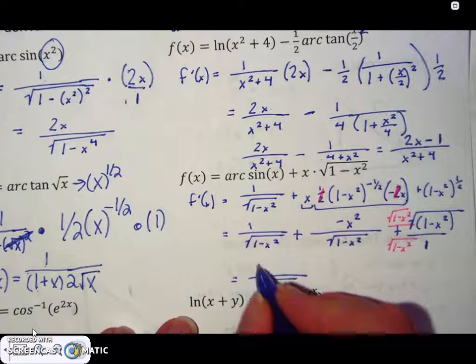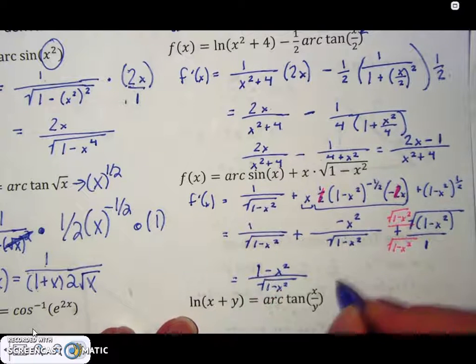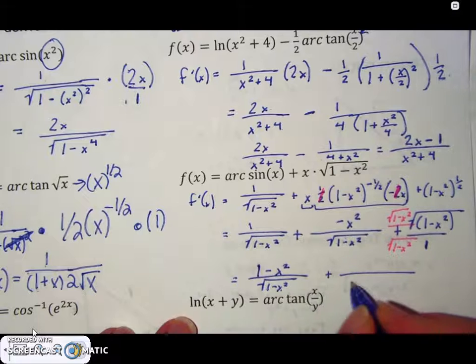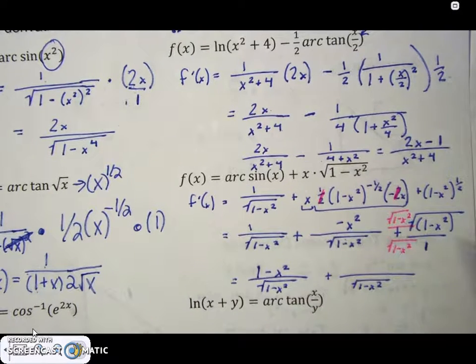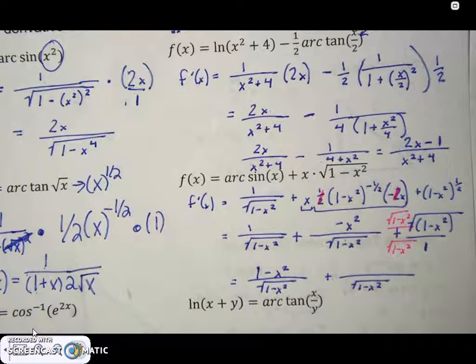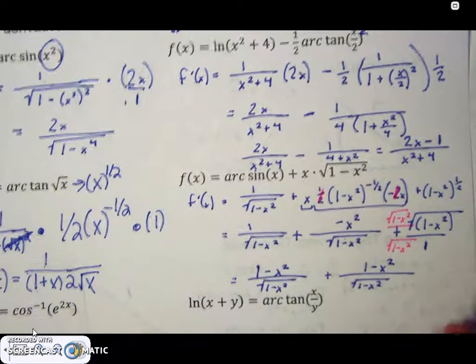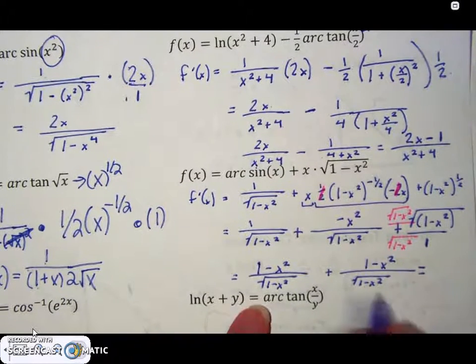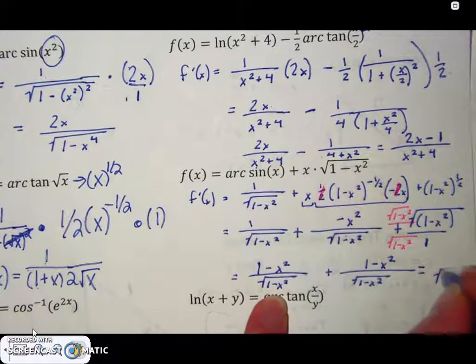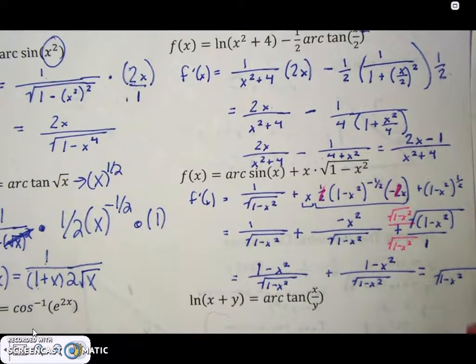So I just have 1 minus x squared. And then over here, I've got the square root of 1 minus x squared. And then what's the square root of 1 minus x squared times the square root of 1 minus x squared? Okay, so I can go ahead and combine these now. And so I'd have what in the numerator?